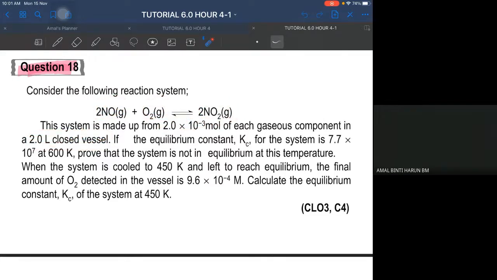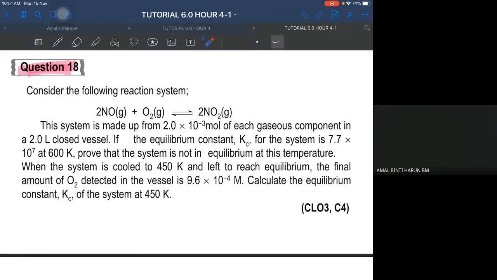Because dia kata if the equilibrium Kc for the system, prove that the system is not in equilibrium. So kita tak tahu mole bagi setiap gas, reaktan dan produk yang diberi pada equilibrium ataupun tidak.